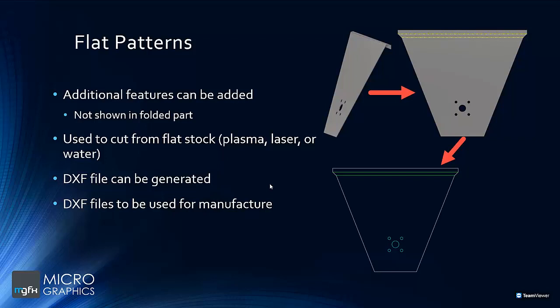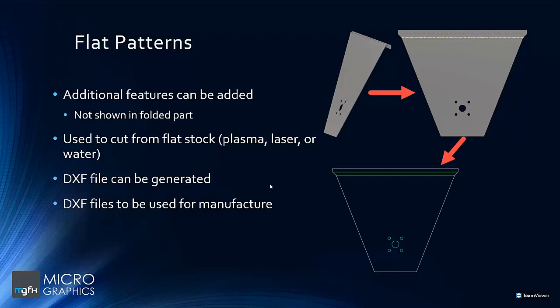I've seen in flat patterns where small little notches have been created at the bend lines to make it easier for an operator to line up the bends within the machines, within the press brake, before bending. These features, however, that you add within the flat pattern do not update back into the folded part.